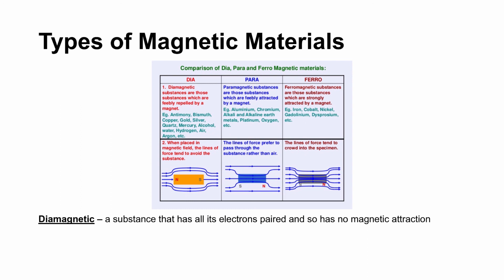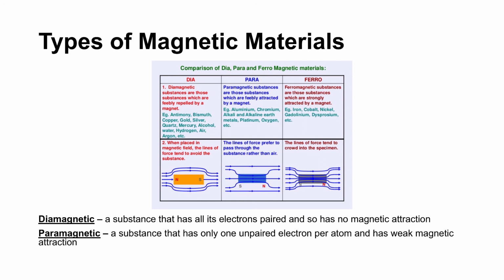They are neither attracted nor repelled by magnets. It says here they're feebly repelled by magnets, which is true. They cannot be magnetized, and the lines of force will avoid a diamagnetic material. Remember I showed you in the previous slide, they're essentially impermeable to magnetic lines of force.